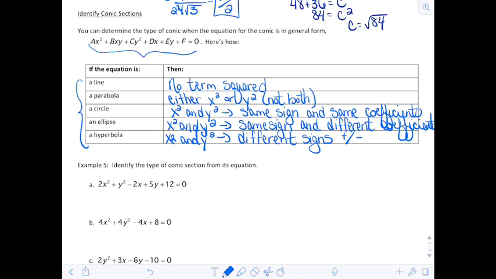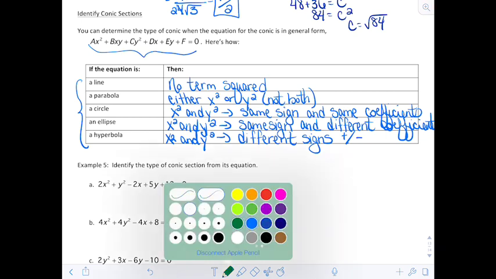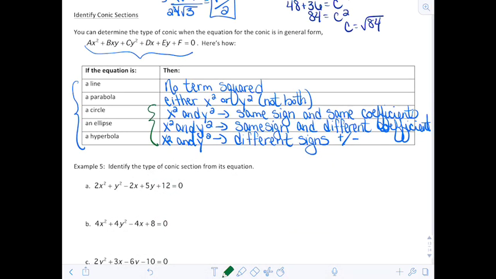Now, what I do want to make sure that we point out, because these are easy problems to do, but there is one thing you have to remember.